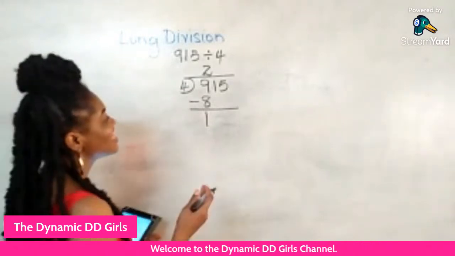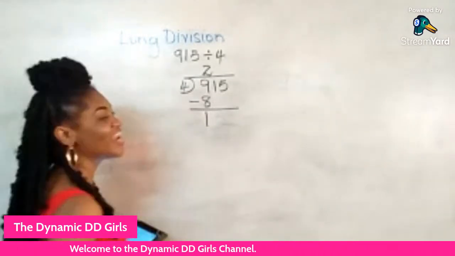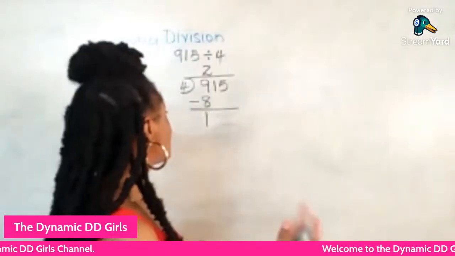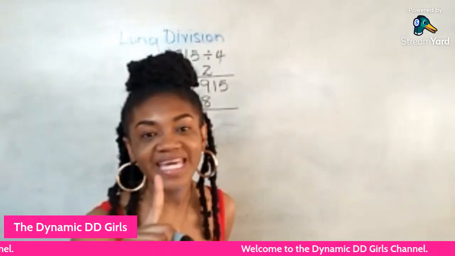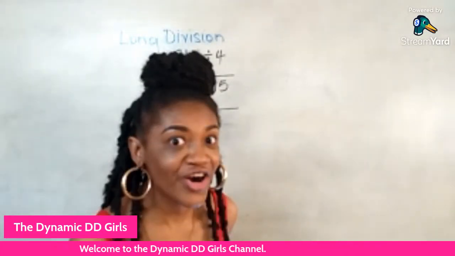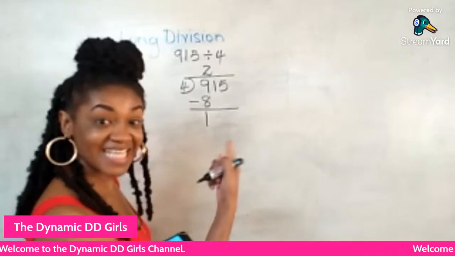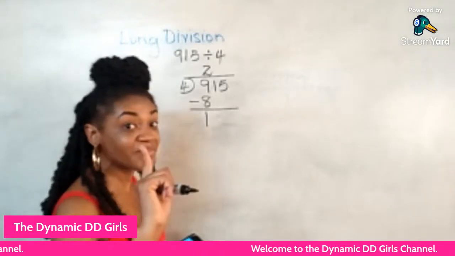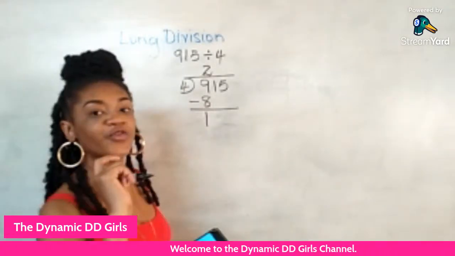The next thing you are going to do is ask yourself, I have 1 dumpling. Can I get 4 dumplings from it? No. So we have 1 something and we want groups of 4s. We can't get it.